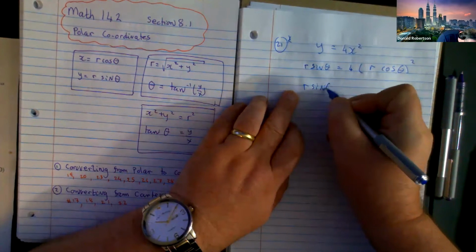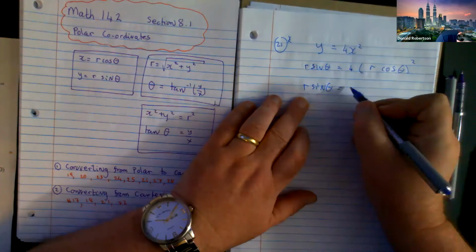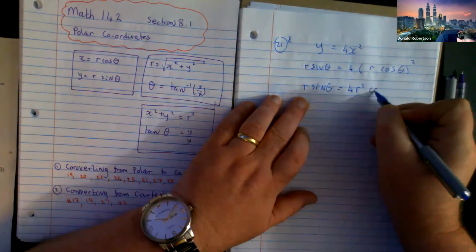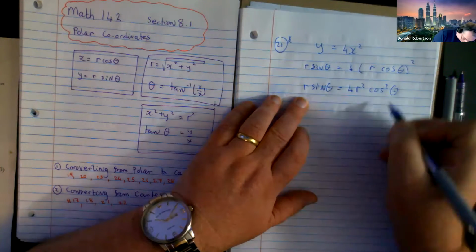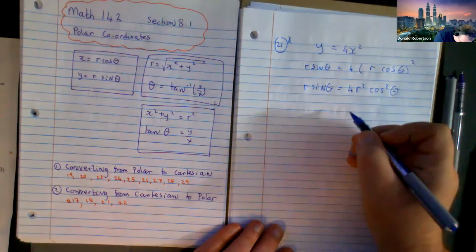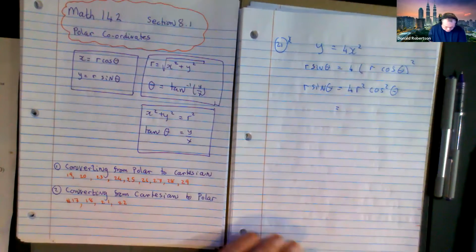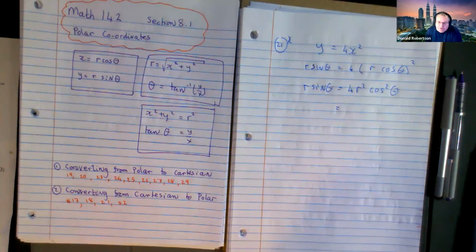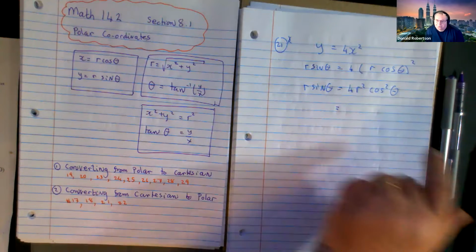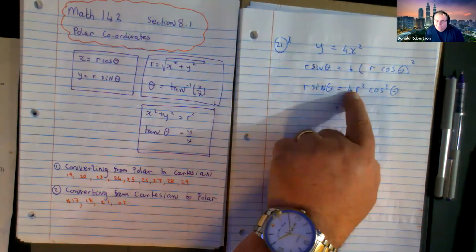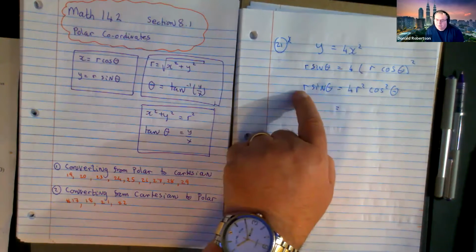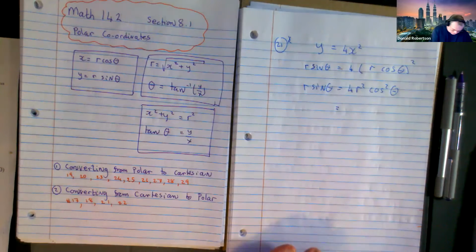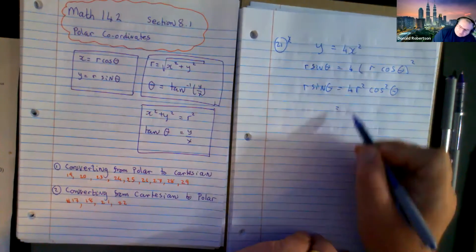When you're doing this way around, you want to try and write it as r equals if you can. Okay, what can I do to both sides to make this prettier? Any ideas?